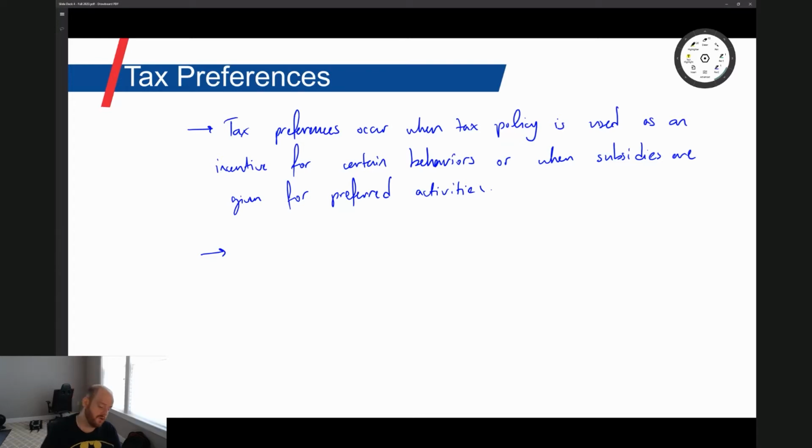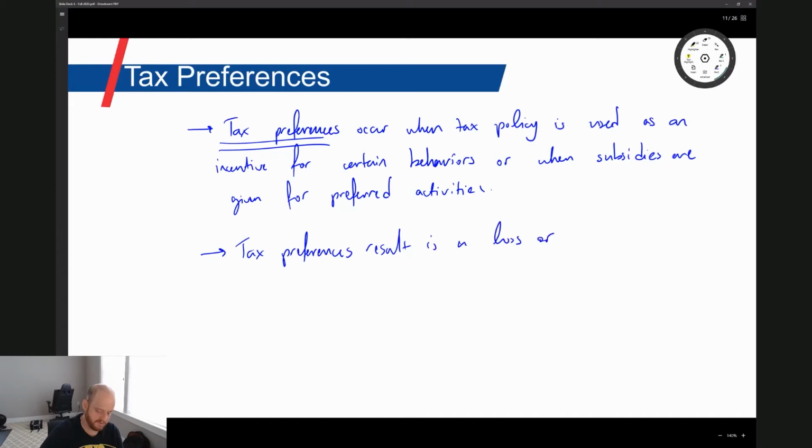And what's interesting to note is that tax preferences lose money for the taxing body, right? Tax preferences result in a loss of revenue for the Treasury.